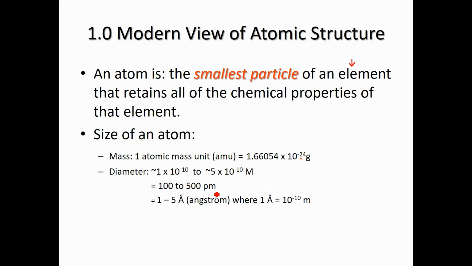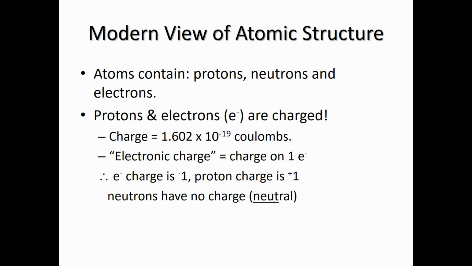Or 100 to 500 picometers, very small, or 1 to 5 angstroms. These are just conversion factors. That's meter, this is picometer, that's angstrom, where an angstrom is equivalent to 10 to the power negative 10 of a meter. You know, the meter that we use to measure distance. Yeah. So the atom is very small.